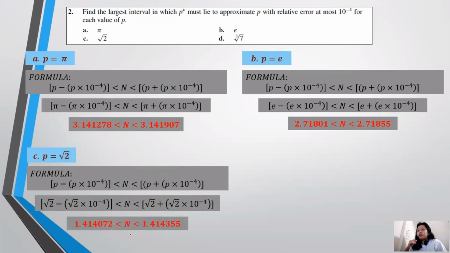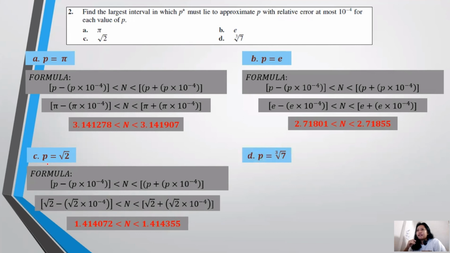So we have here the answer for our letter C, the largest interval. So n is greater than 1.414072 but lesser than 1.414355. So that is the largest interval in the letter C, which is the square root of 2.